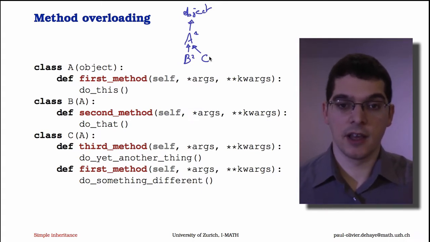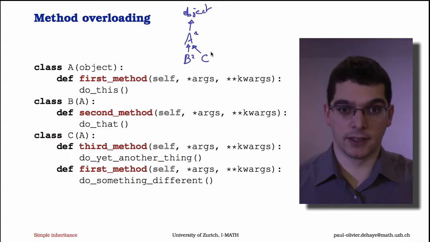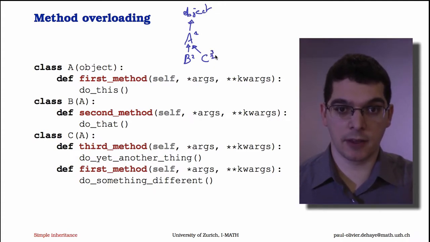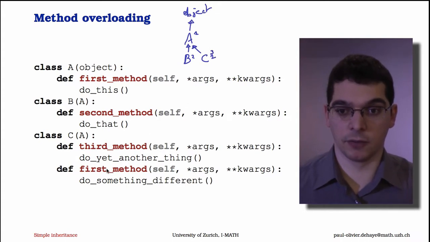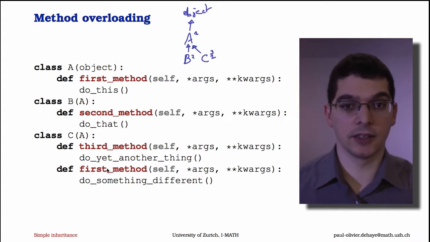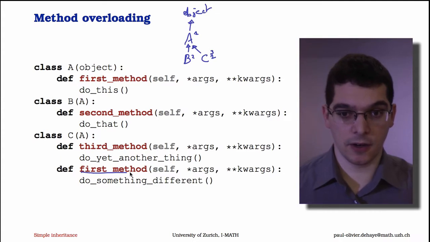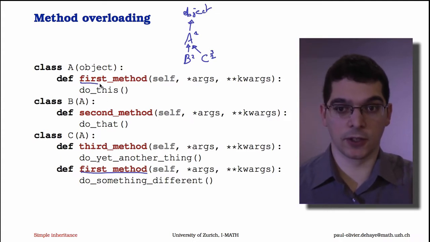That's not surprising. But C has a third method, but also gives a method definition for something called first method as well. So this first method occurs here, but it also occurs there.